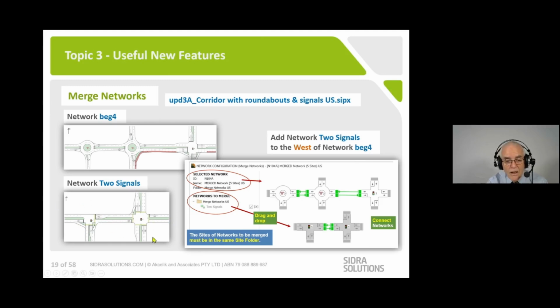We've got another network just of these 2 signals. We are going to join this onto the east end of the BEG4 network. So we're able to take this, connect them together, and create a larger network out of 2 smaller ones.